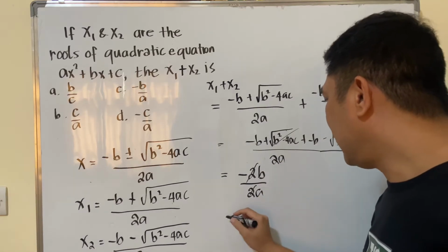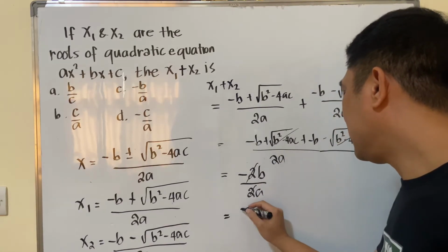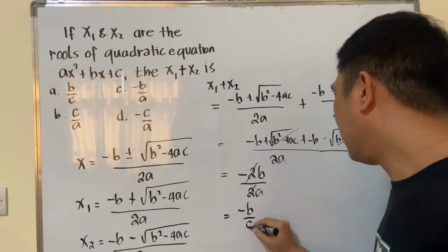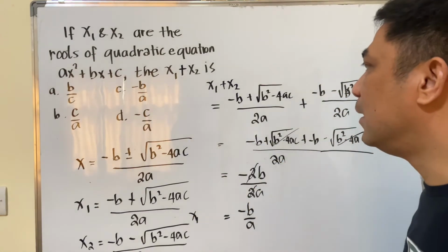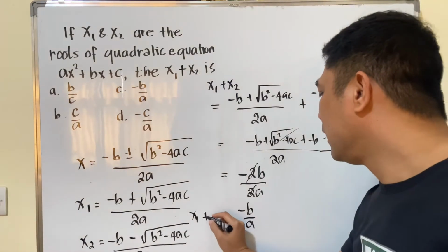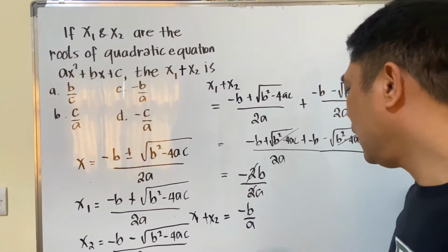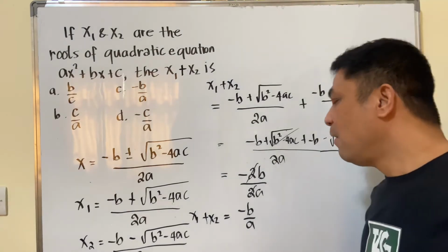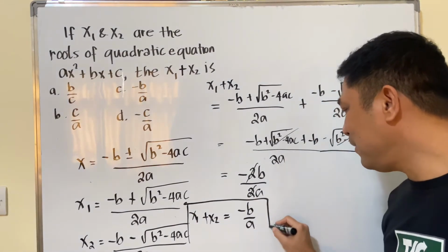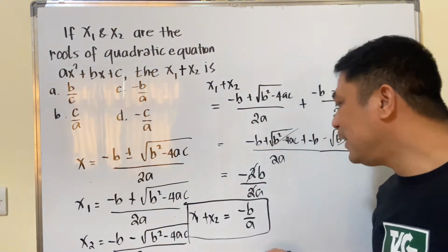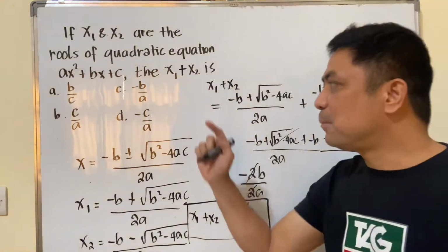The 2 will cancel, so the answer is negative b over a. So the sum of the two roots of a quadratic equation is negative b over a. This will be the answer to this particular problem.